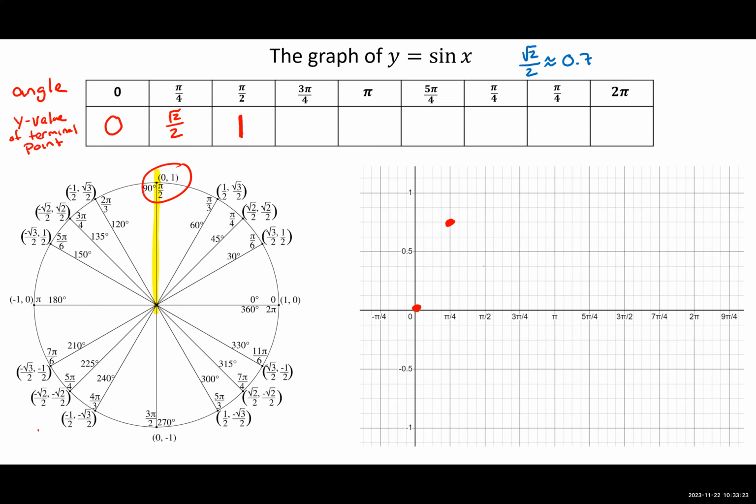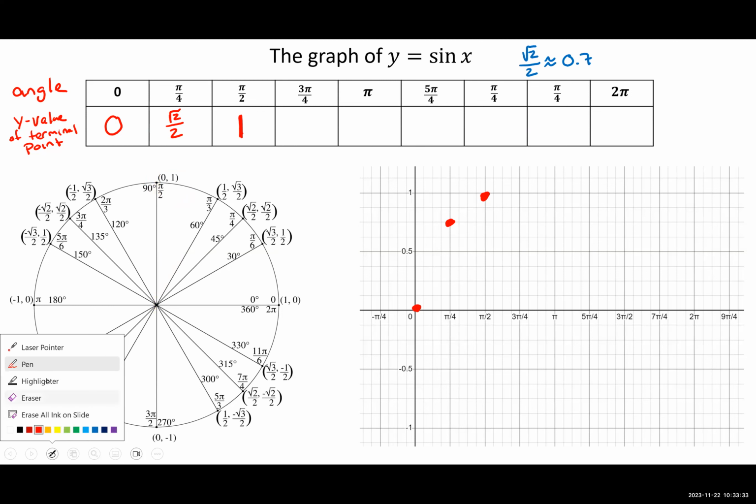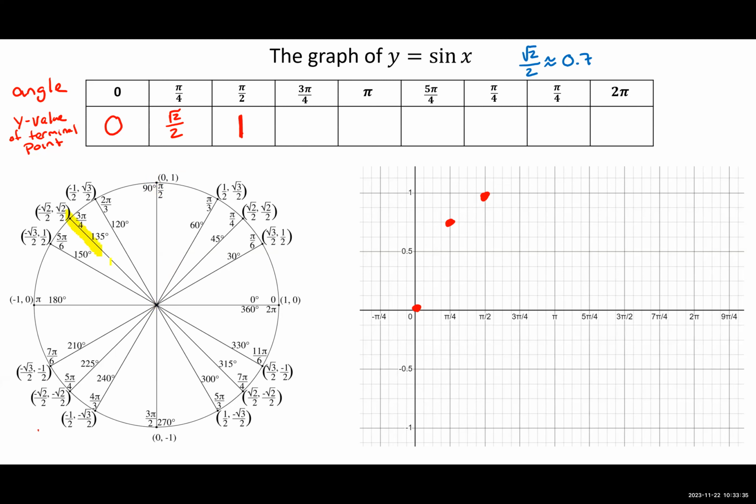So pi over 2, comma 1, and there's a point right about there. When the angle is 3 pi over 4, there's our terminal point. Our y value is again root 2 over 2.